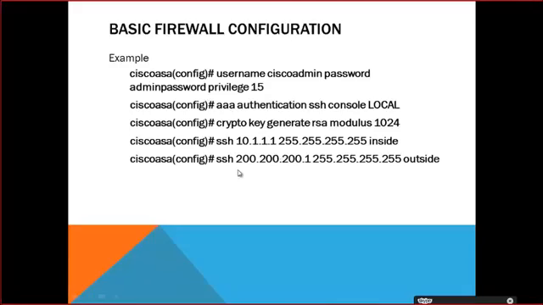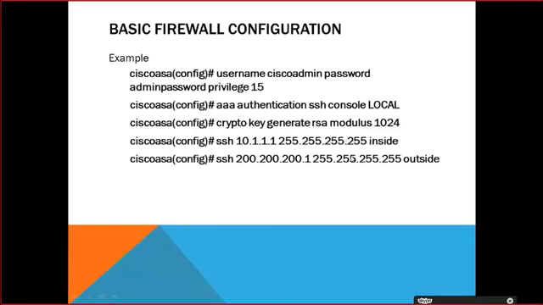Then give another line if you want to allow anyone coming from 10.1.1.0. So anyone from the 10.1.1 network can communicate. Here it is fully masked, so only this one host.